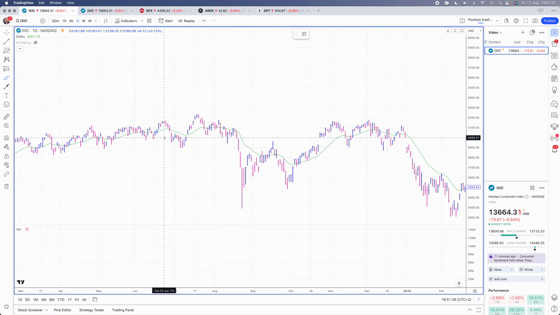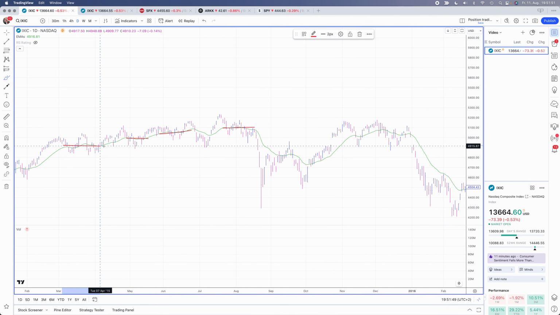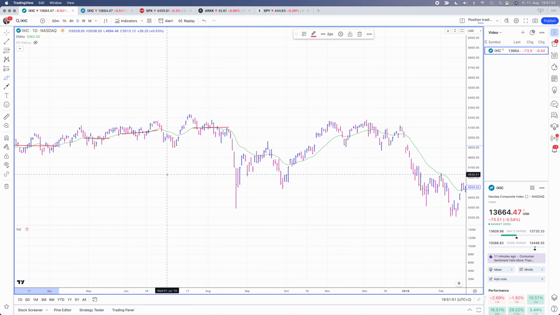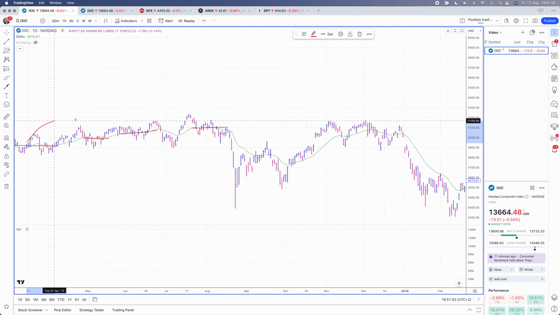But in that case, it helps you to stay on the right side if you look at the slope, because you can see that the slope of the moving average isn't very steep at the time, so it's more or less going sideways. And when you see that the slope is always going sideways and then has a negative slope again and just an upward slope for a couple of days, then you know that you are more in a choppy market.